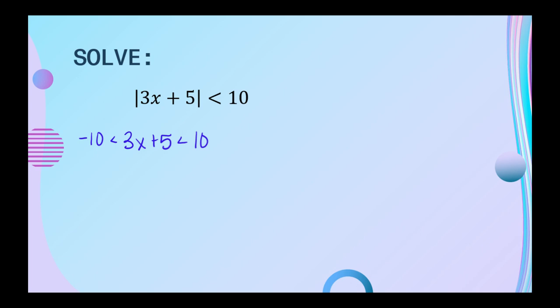I'm going to solve simultaneously, so I'm going to subtract 5 from both sides, which gives me -15 is less than 3x is less than 5. And then I'm going to divide by 3. And I get -5 is less than x is less than 5/3. There is my compound inequality. I'm not going to graph it on a number line this time, but you certainly could if you wanted to, or if you were asked to do so.